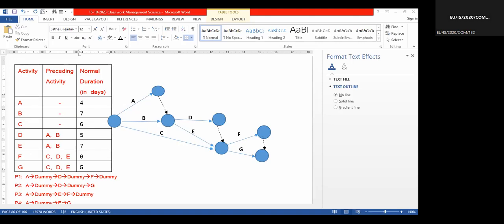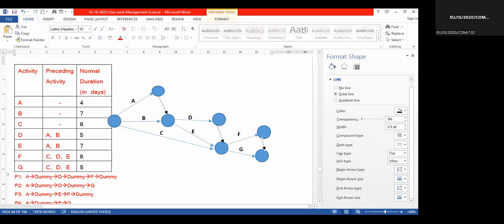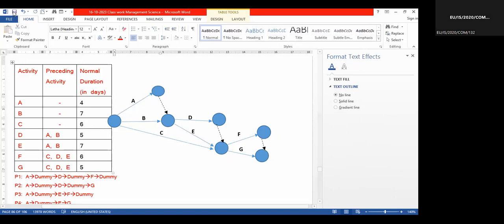Now, so to complete activity E, 7 days are required. F, 6 days, and G also 5 days. So now how many days are needed to complete this project? Please tell me, anybody?